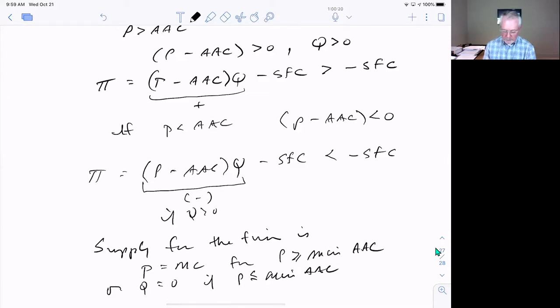Obviously, it'd be indifferent if price was exactly equal to minimum average avoidable cost. But this isn't a supply curve right here. So this is what we want to do today.